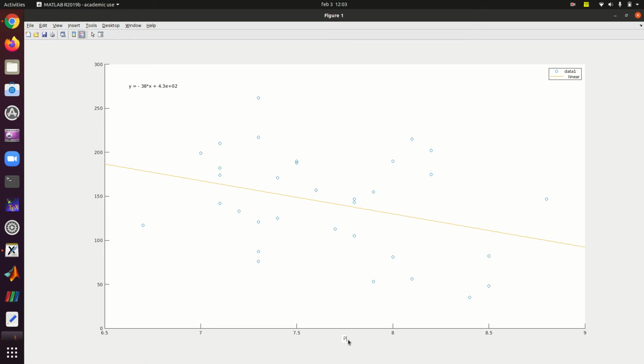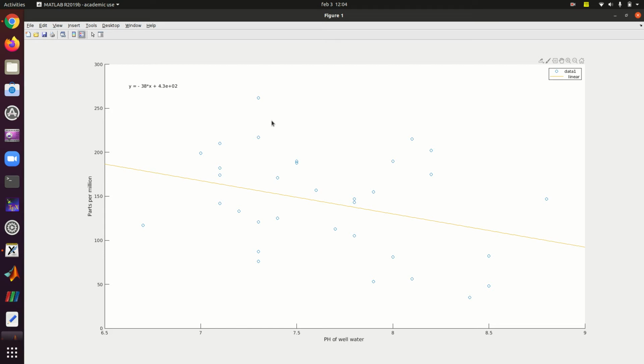So we have here pH of the well water. Okay, that's okay. And then we come back here, and for the Y label, we said it is in parts per million. Okay, great. So now we have an equation here.